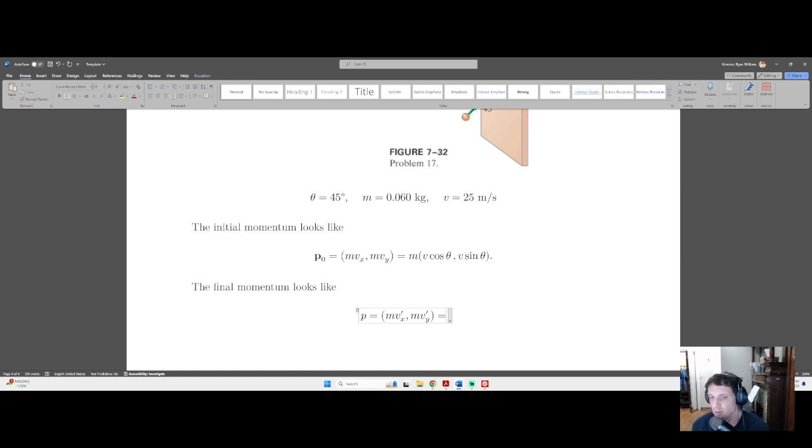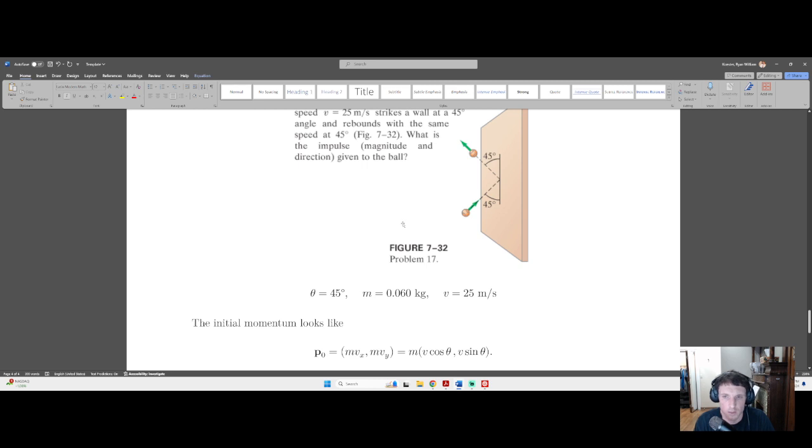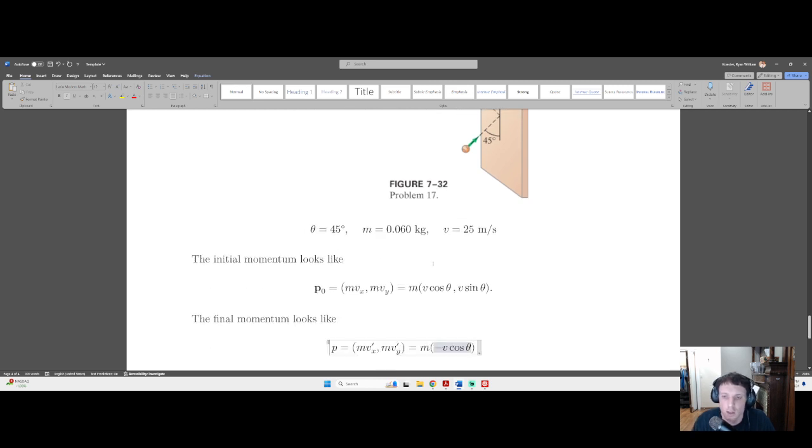One will become negative, right? I'll just write this out. The x component should be negative because now it's moving to the left, right? It's still moving up, so the y component should be positive. So we'll just say v sine theta. Okay, and this should be good.